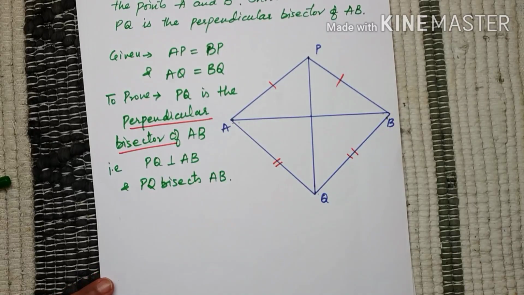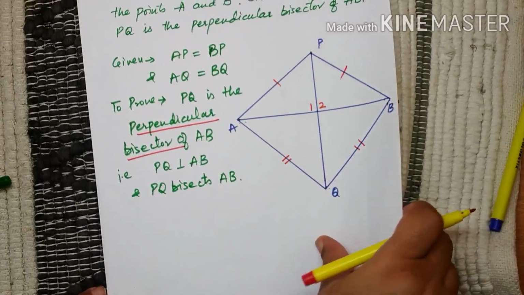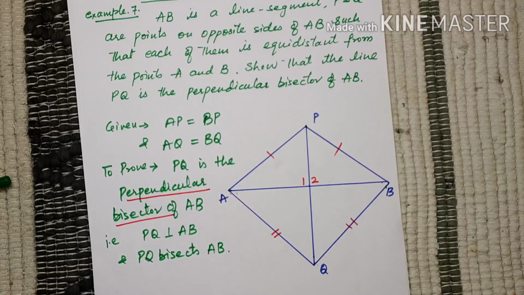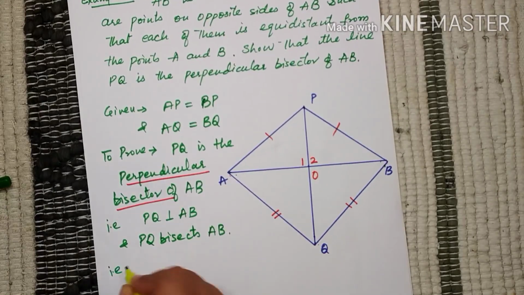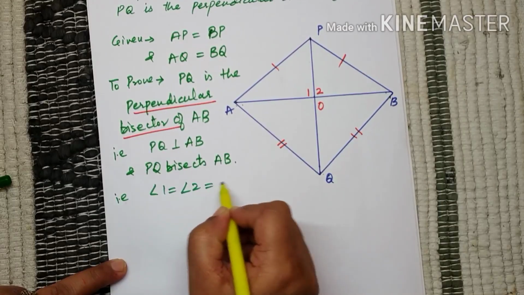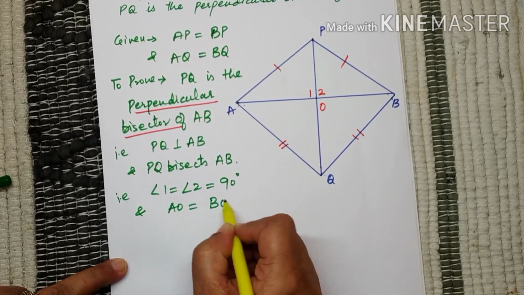In order to prove PQ perpendicular to AB, I'll have to prove these angles 90, angle 1 and 2 equal to 90. And in order to prove PQ bisects AB, I'll have to prove, let's take this point O, AO equal to BO. That is, we need to prove angle 1 equal to angle 2 equal to 90 and AO is equal to BO.